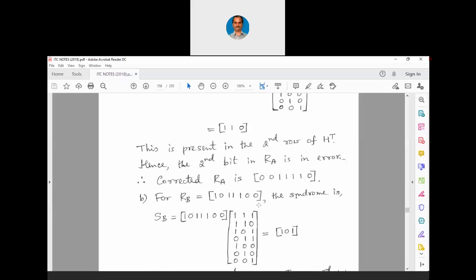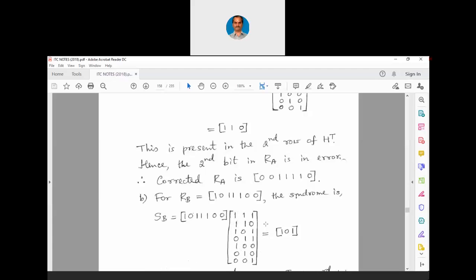There are 7 rows in the Hamming transposed. What does it mean? For each position of the bit in the received vector, there is a particular row in the Hamming matrix.